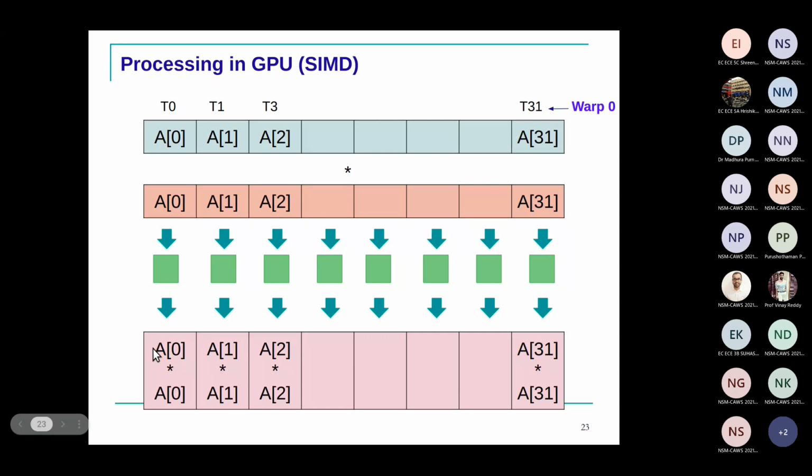In that multiplication latency, all the 32 computations are done in 1 unit of latency cycle. So T0 multiplies A0 and A0, T1 multiplies A1 and A1, and T31 multiplies A31 and A31, and so on. You can get very high throughput by exploiting the multiple processing cores in the GPUs.